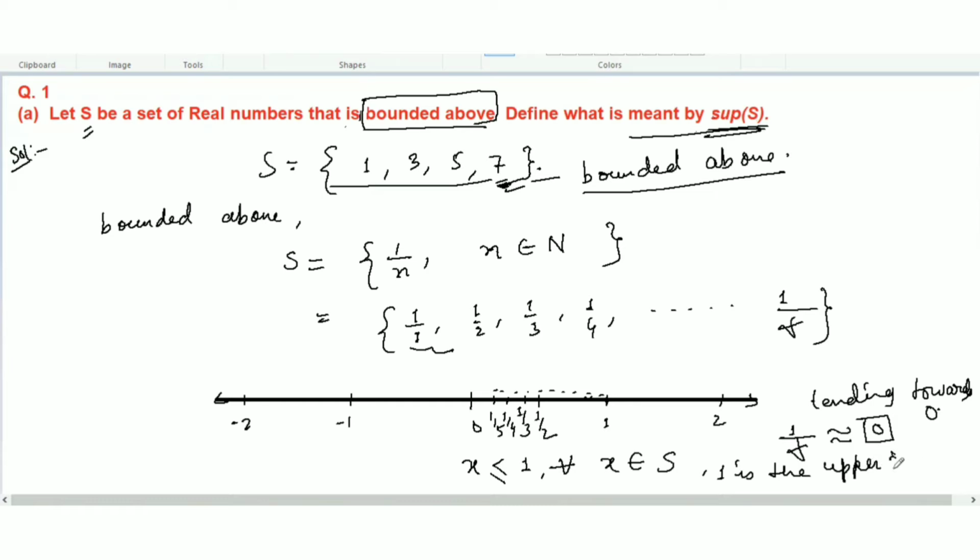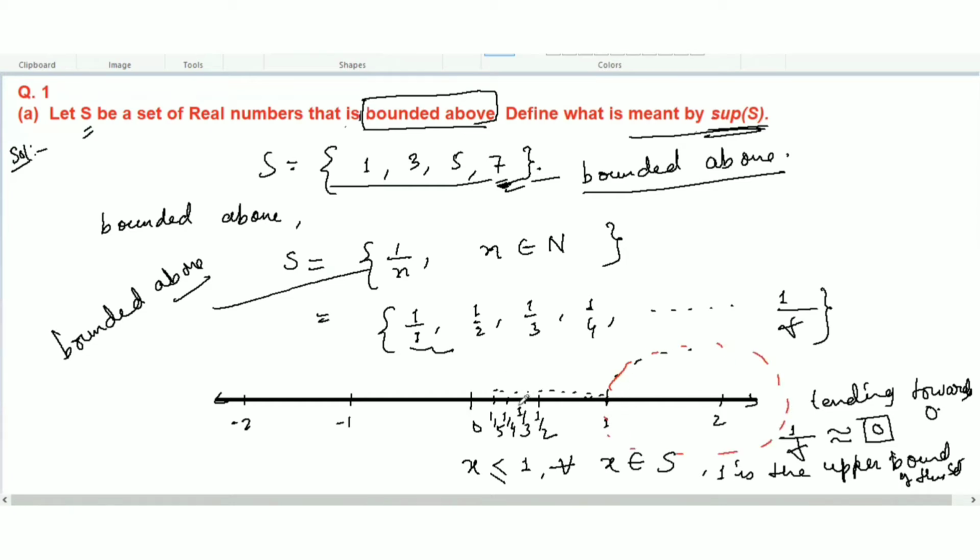So 1 is an upper bound of this set, so this set is bounded above. And the set which is bounded above has an infinite number of upper bounds. The upper bounds of this set are all the numbers on this side.